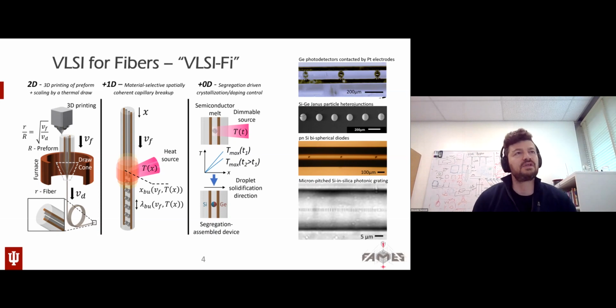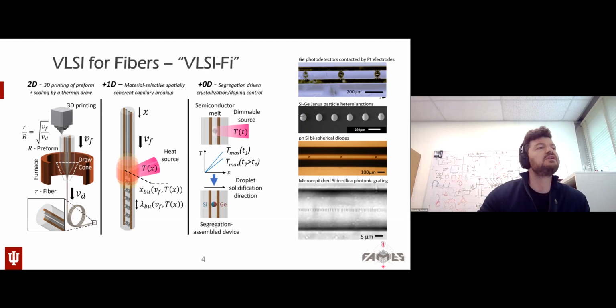Our VLSI for fibers is a combination of material processing techniques that incorporate 3D printing with high temperature sintering and consolidation, and a set of molten phase processing of glass, including the fiber draw, which is a technique usually used to create optical fibers. Here we use it on multi-material entities, which makes it significantly more challenging.